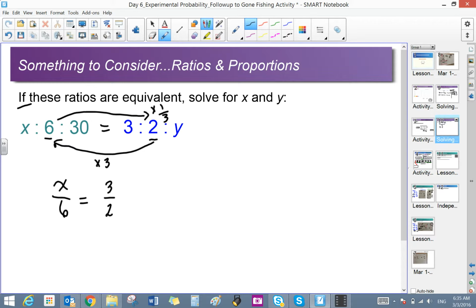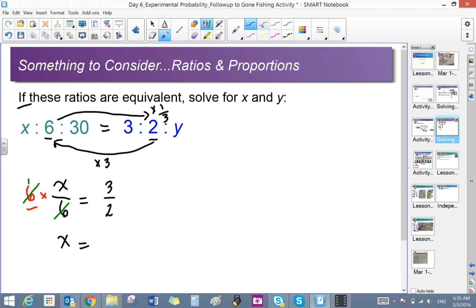You can use the constant of proportionality, the 1/3 or the 3, or you can choose to solve the equation by clearing the fraction. What we're going to do here is take 6 times the fraction. You might have seen that in other courses called clearing the denominator or canceling. So 6 goes into 6 once, and that leaves us with the answer x.